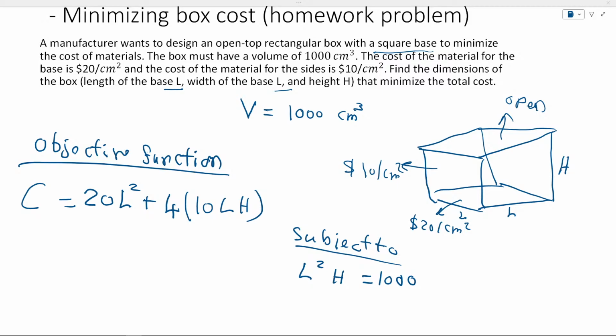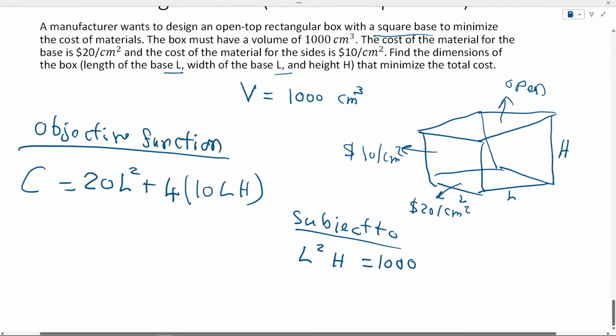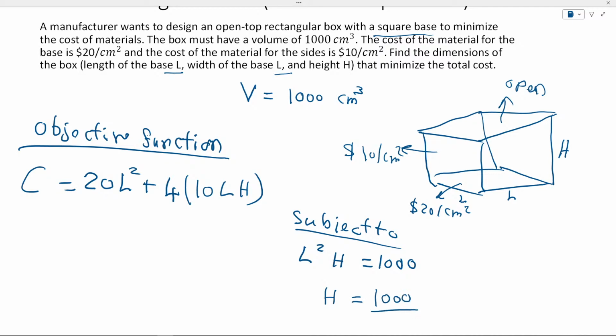So what do we do? Let's get rid of the h. We can say h is equal to 1,000 over L square. Do you agree?